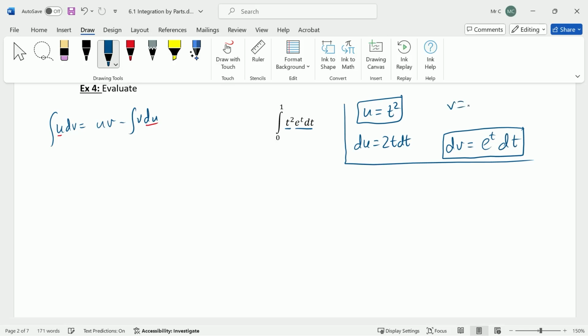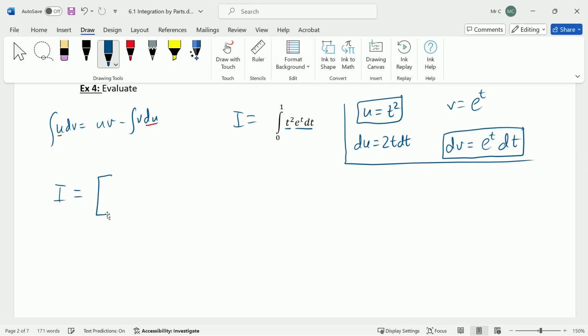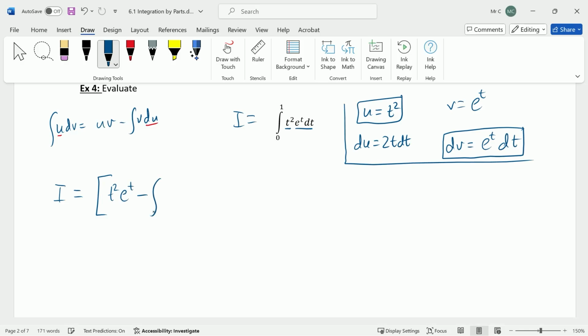And v, well, the antiderivative of e to the t is just e to the t. So v is e to the t. Now, I take my integral I here. And this thing is going to be equal to, well, I do my integration by parts formula, uv, t squared e to the t minus the integral of v du.